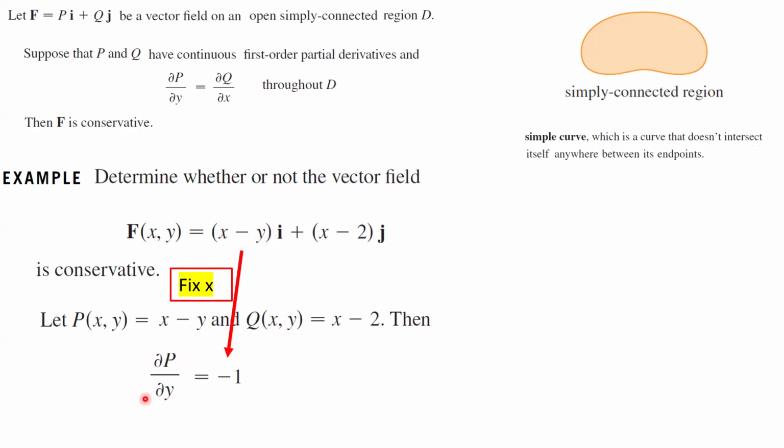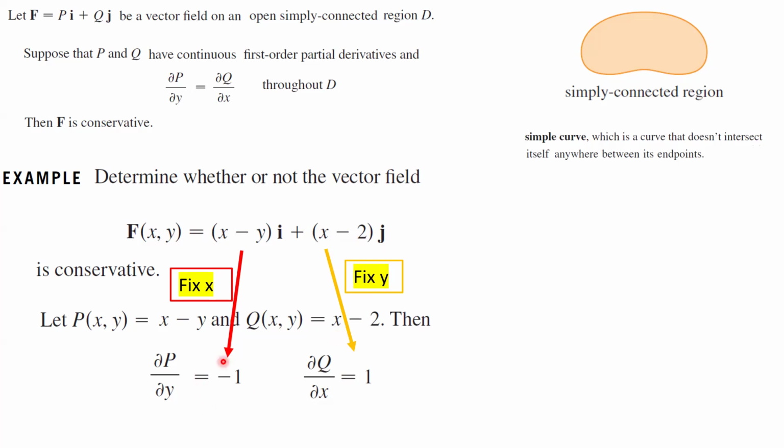So we found the partial derivative of P with respect to y. Now, let us take the partial derivative of Q with respect to x. This is equal to 1. In this case, we hold all other variables fixed, and we take the derivative with respect to x. The derivative of x with respect to x is 1, and the derivative of a constant with respect to x is 0.